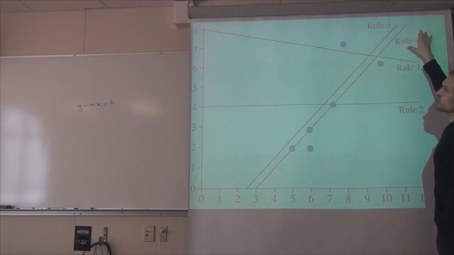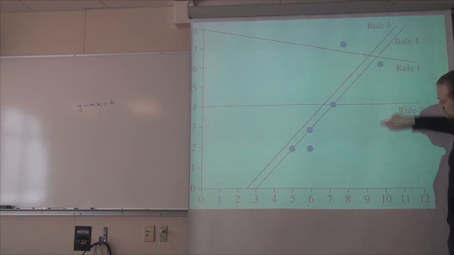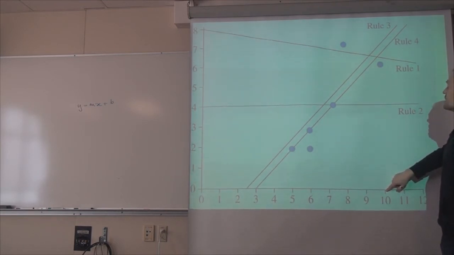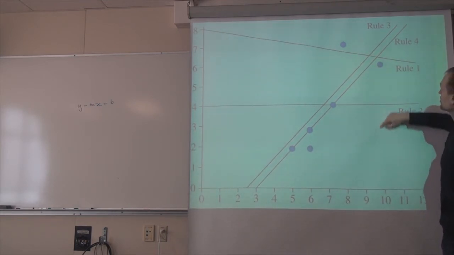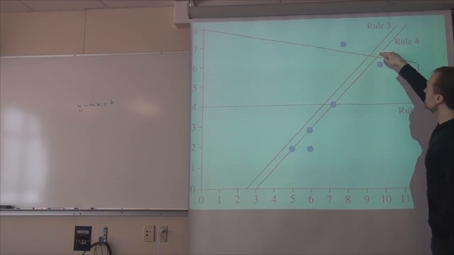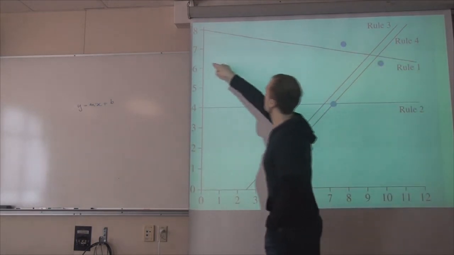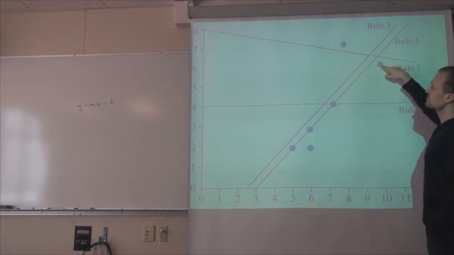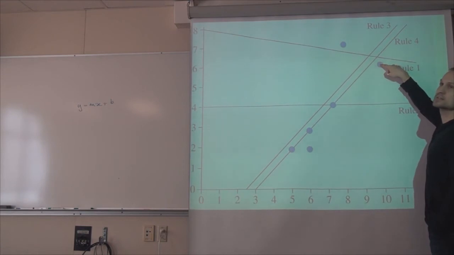If I use rule 4 to make a prediction given this hours slept 10, the y value that corresponds to that, according to rule 4, is going to be, I don't know, 6.5 or so. But the actual value that I got was 6.